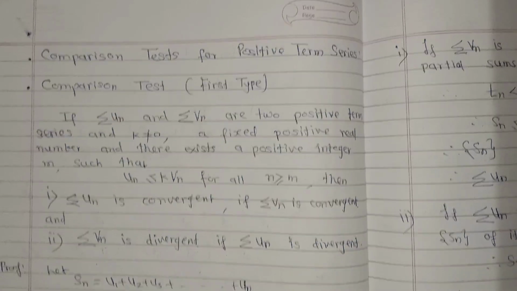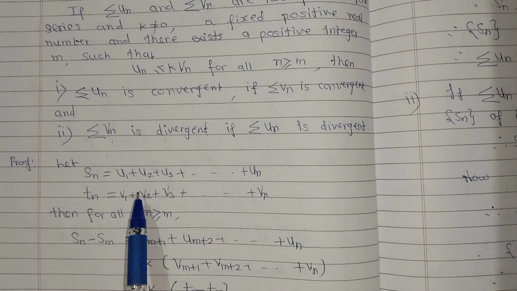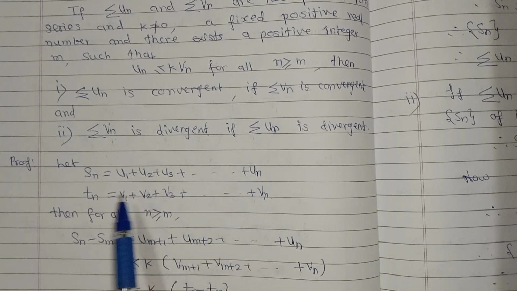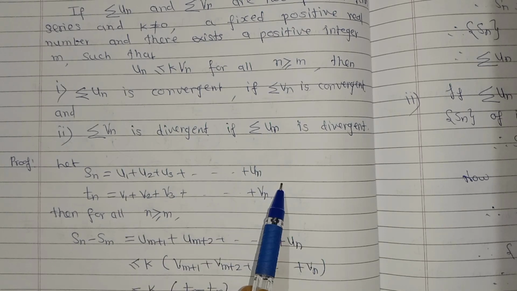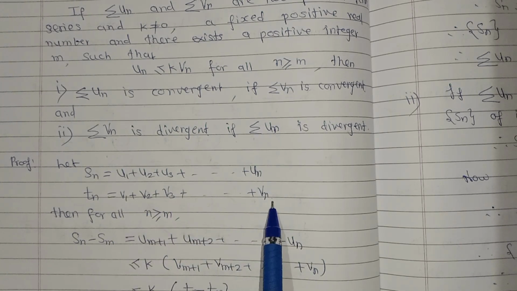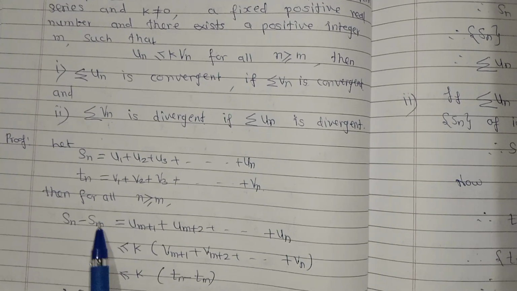Let us consider the proof of this result. Let Sn equal to u1 plus u2 plus u3 plus up to un, the sequence of partial sums, and Tn equal to v1 plus v2 plus v3 plus dash dash dash plus up to vn, for all n greater than or equal to m.